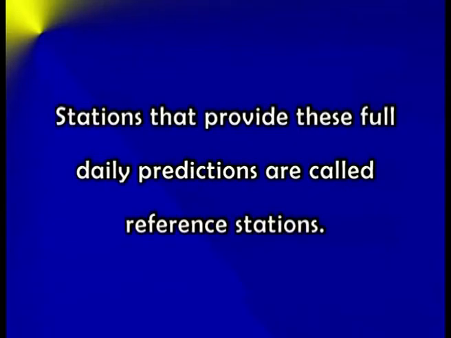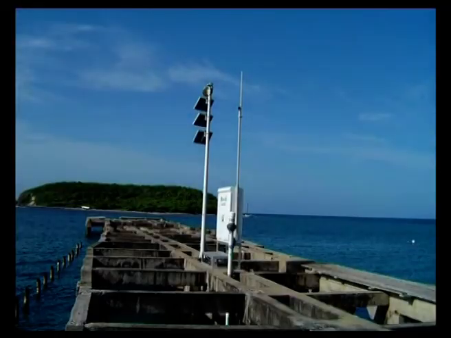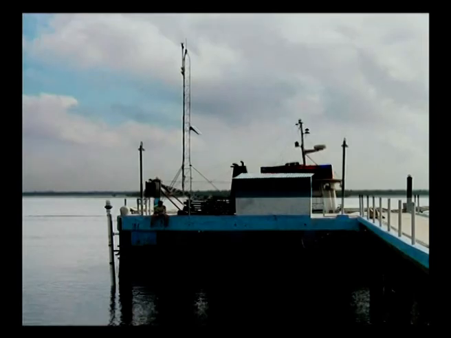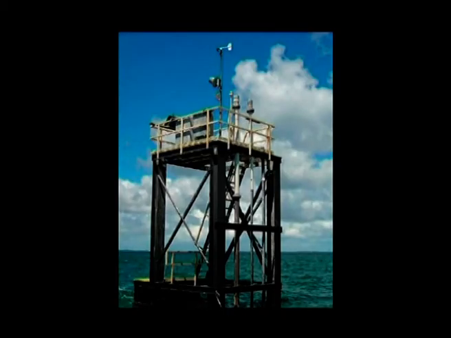Stations that provide these full daily predictions are called reference stations. The rest of the stations are subordinate stations, which obtain their predictions by applying a specific formula derived by observing how the tides of the two stations related to one another in the past.